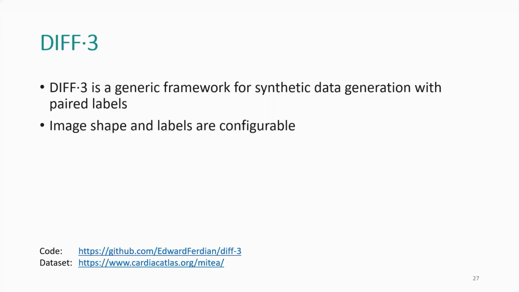It's open source. If you have an image and a paired label, you pretty much just have to configure the image shape and the labels themselves, so it's pretty much ready to go. If you would like to replicate the result of DIFF-E, the dataset is also available. You have to send a request, and it has to be approved. But yeah, that's all from me.